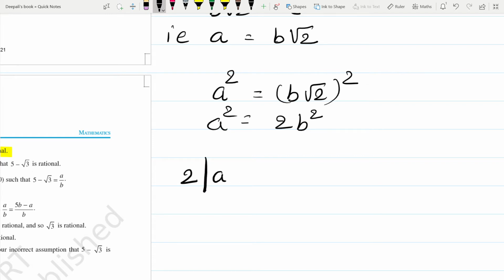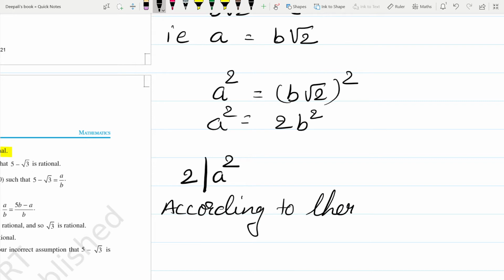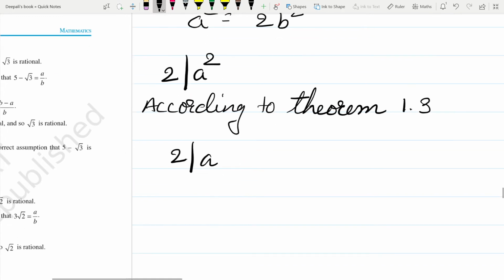Now if 2 divides a square, according to theorem 1.3, 2 has to divide a as well.